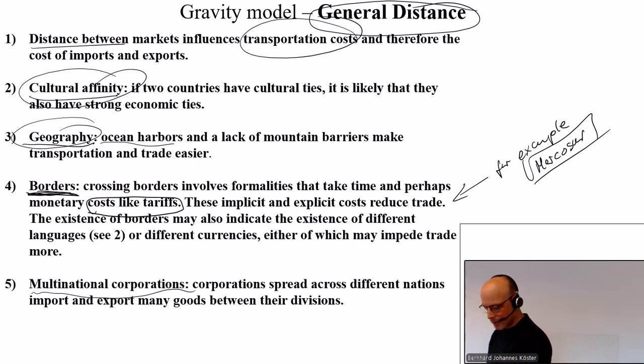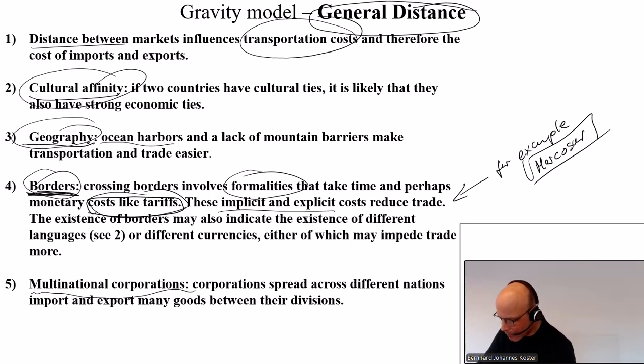Another obstacle, not only formalities, but a direct impact of the government via increasing the prices, increasing tariffs, the most loved word of Mr. Trump. So these borders can, implicitly or explicitly via tariffs, reduce the trade volumes.